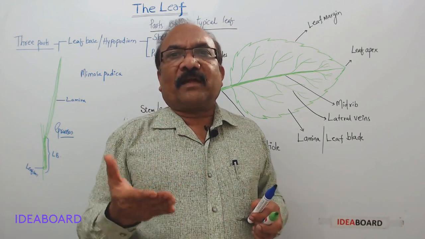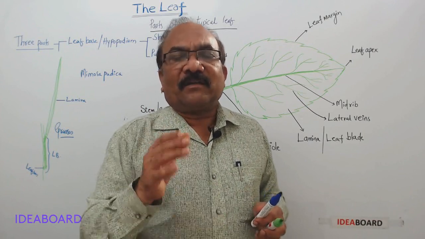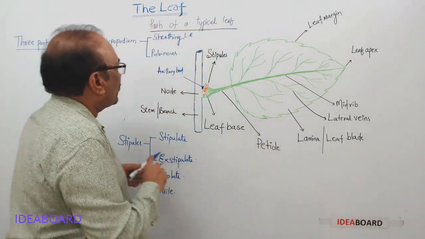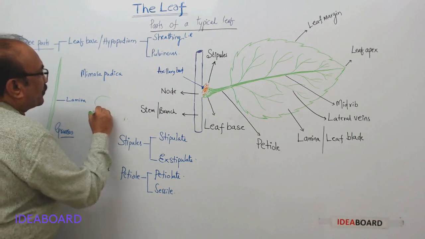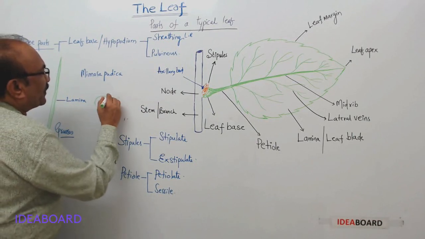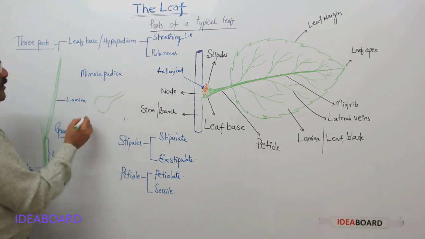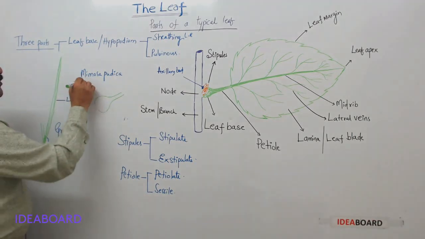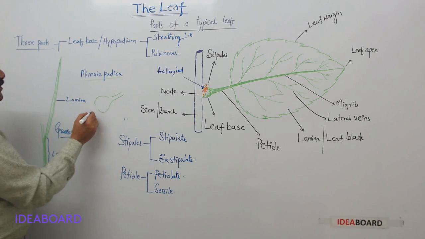That's why we call the plant touch me not plant or sensitive plant. Did you observe the leaf base there? The leaf bases will be swollen. Such swollen leaf bases are called what? Pulvinous leaf bases.